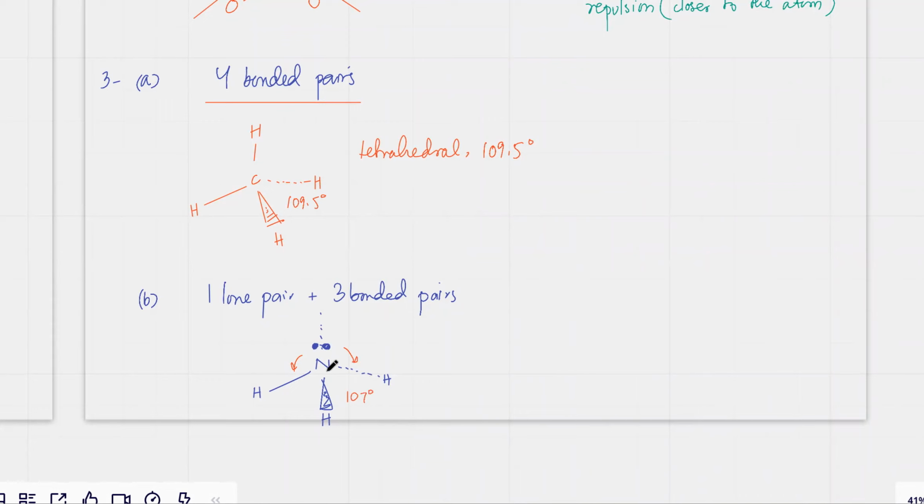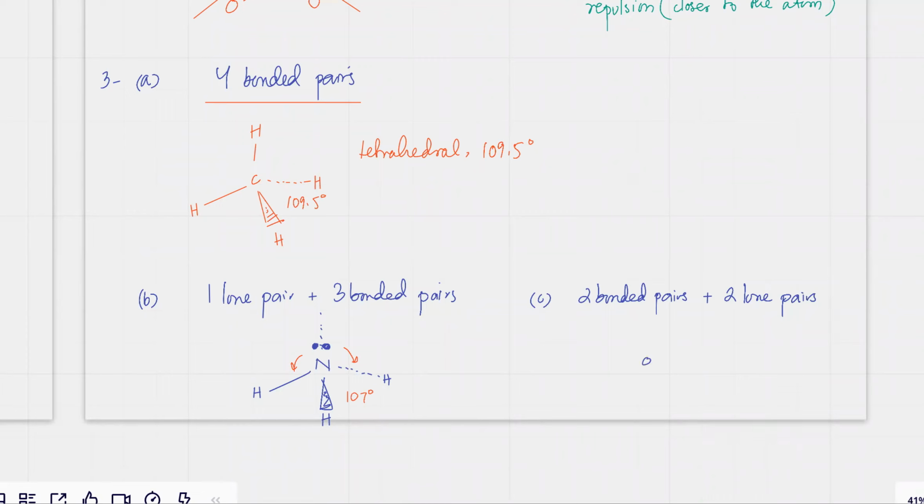And then there's a third version of the same thing. That's option number C. It's 2 bonded pairs plus 2 lone pairs.